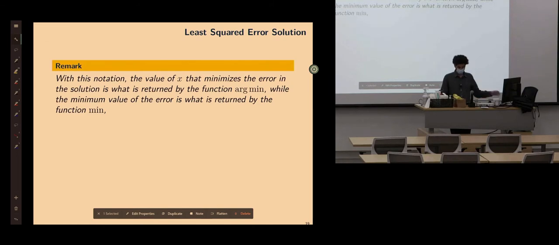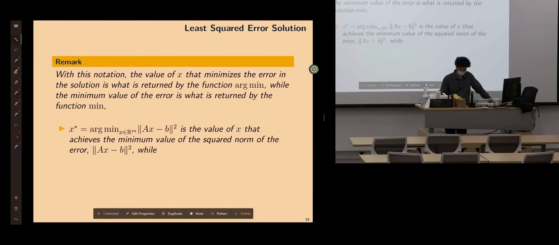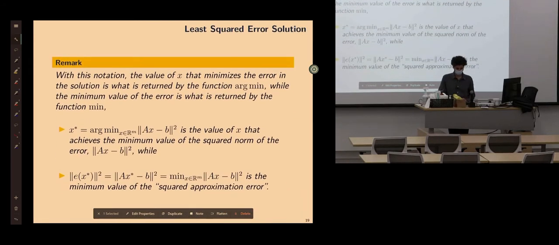Okay, this is just a remark on the notation of min and argmin that we talked about. So argmin, again, is the value of x that achieves the minimum of the squared norm of the error. And the minimum, min, is the minimum value of squared approximation error.